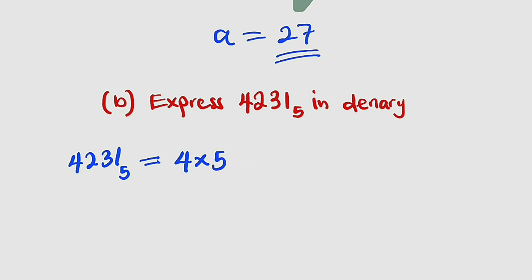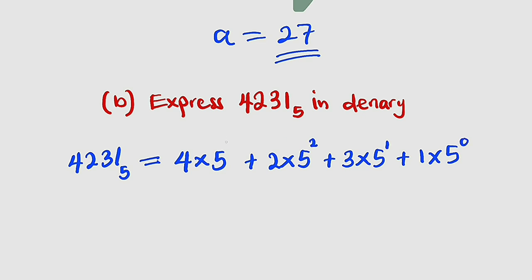Then you add the second one, which is 2, multiplied by its base, 5, plus the third one, 3, multiplied by its base, plus the last one, which is 1, multiplied by its base. Then you assign indices 0, 1, 2, 3. Then you simplify and get your final answer.